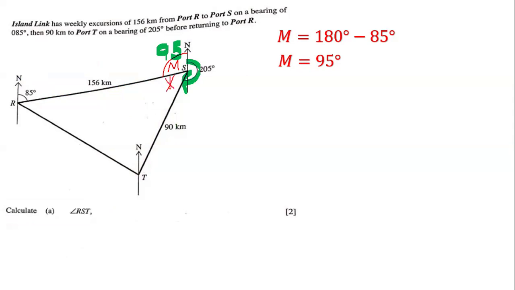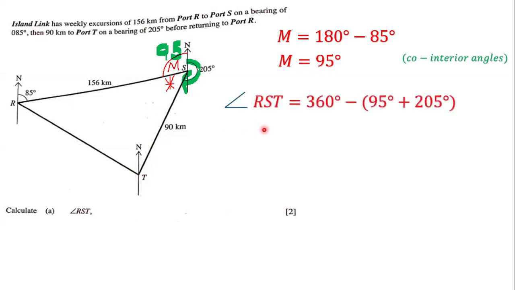What we do know is that a full revolution is 360 degrees, and angles around a point add up to 360 degrees. So to figure out this angle, we add 95 and 205 and subtract that sum from 360 degrees.